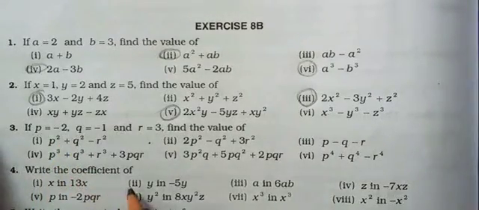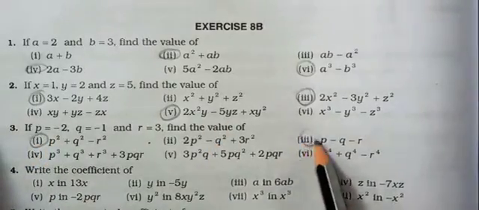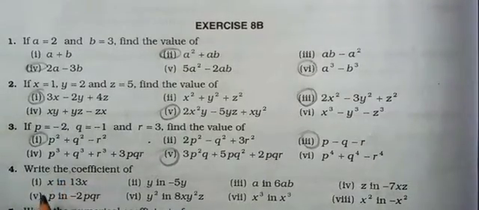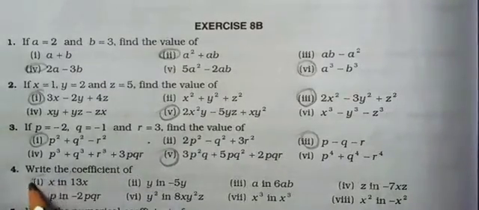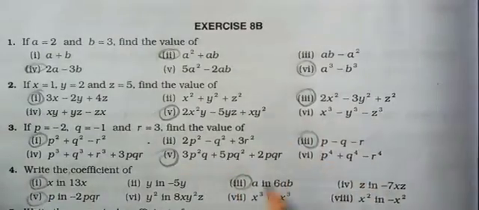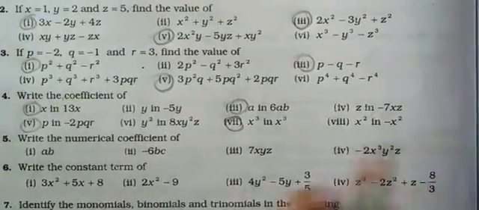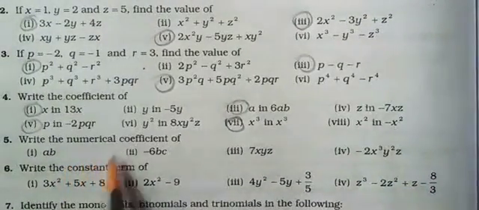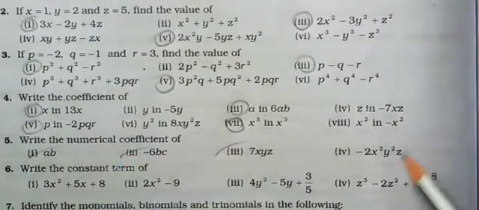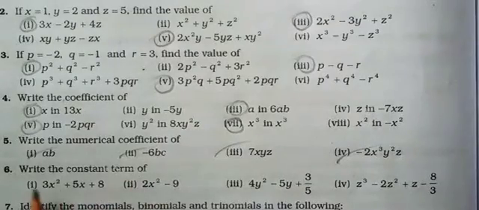From 4, all the odd ones, these. From 5, all. From 6, all.